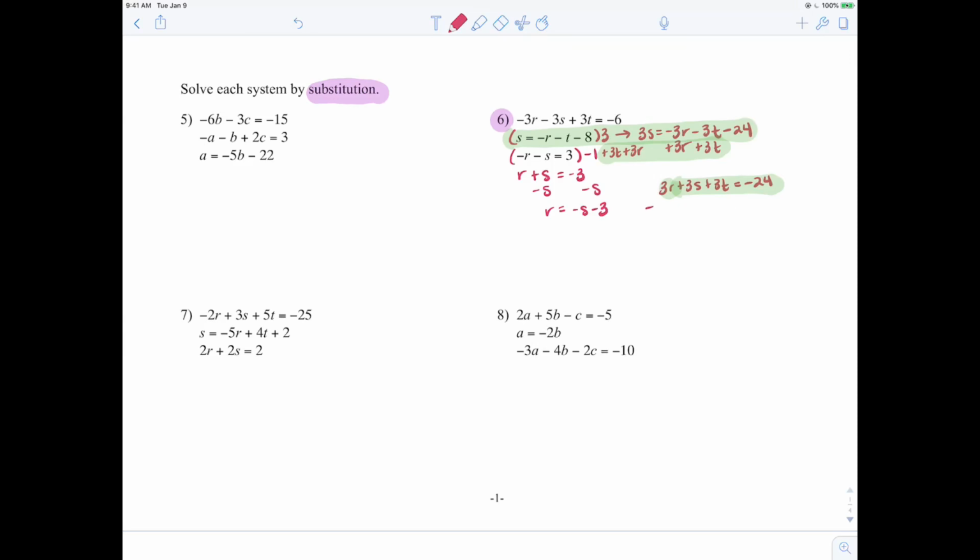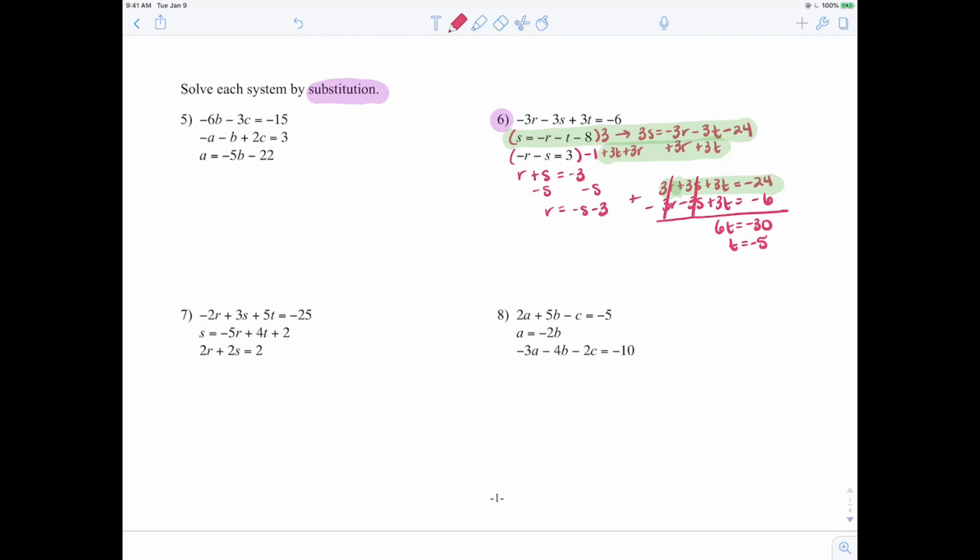And I'm going to add it to see if I can eliminate something, which it looks like I can eliminate a couple of things. It was negative 6. When I add these two equations together, the r's and the s's cancel out. We see that 6t equals negative 30, and so t equals negative 5.